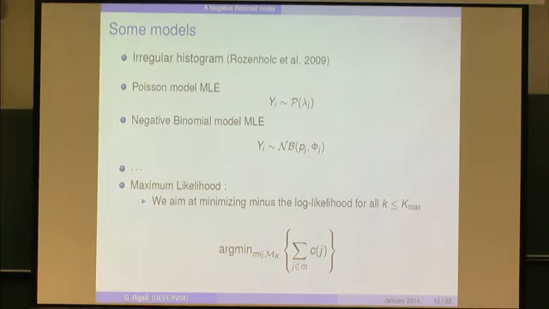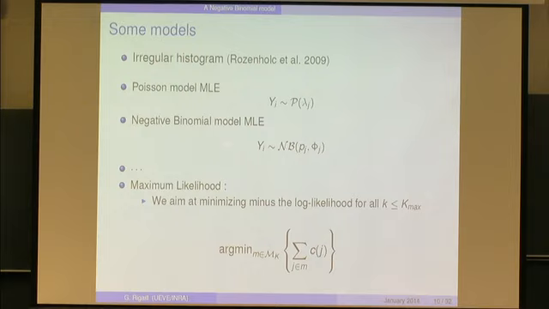Okay, and in fact there are quite a few models that would fall under this and guarantee these assumptions. Another way to see the problem, rather than trying to find changes in the intensity of the signal, would be to consider this as a density estimation problem, and we could do that with irregular histograms as proposed by Rozenholc in 2009. We could also consider a Poisson model, where each segment has one parameter, which is the intensity of this Poisson distribution.